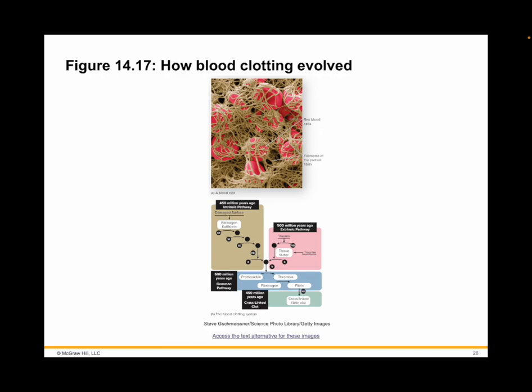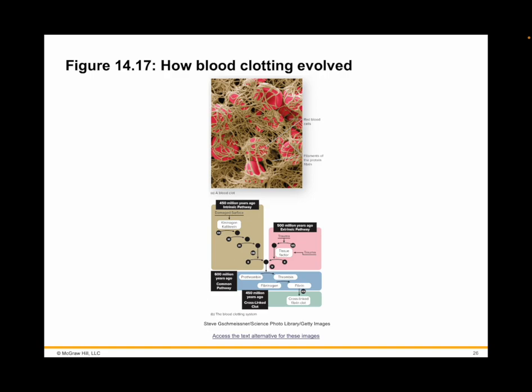The so-called extrinsic pathway, which you will see now in pink highlight, triggered by substances released from damaged tissues, was added 500 million years ago. Each step in the pathway amplifies what goes before, so adding the extrinsic pathway greatly increases the amplification and thus the sensitivity of the system.